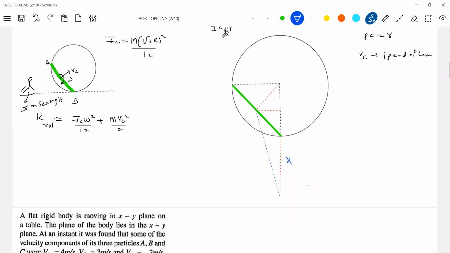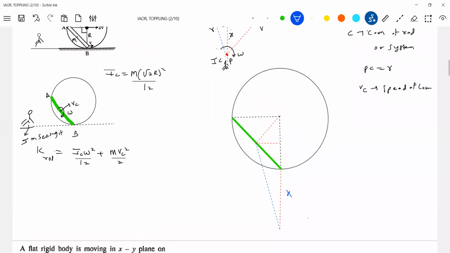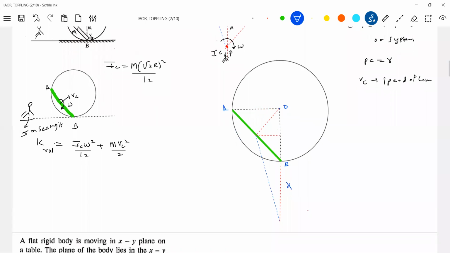We have x, this distance. What symbols did we take? This is O, A, this is B. X we also got, the value of X. Now, what can this angle be? 45 degrees. This should be 45 degrees.